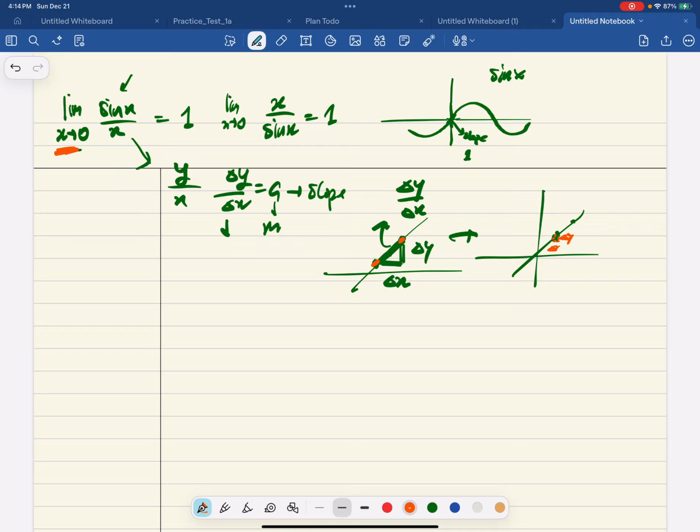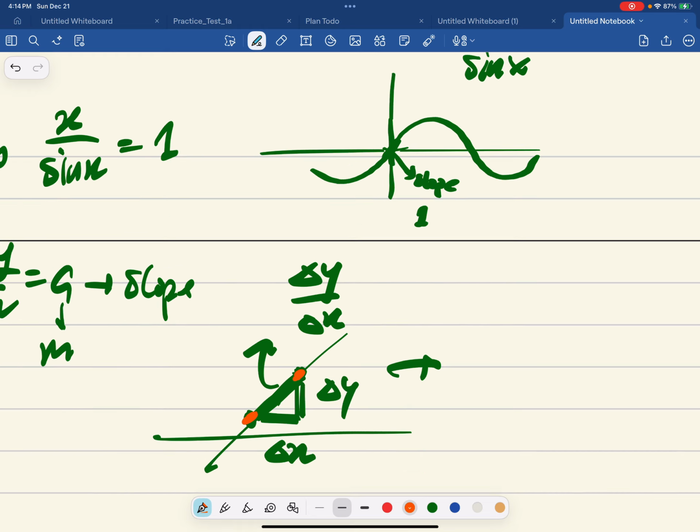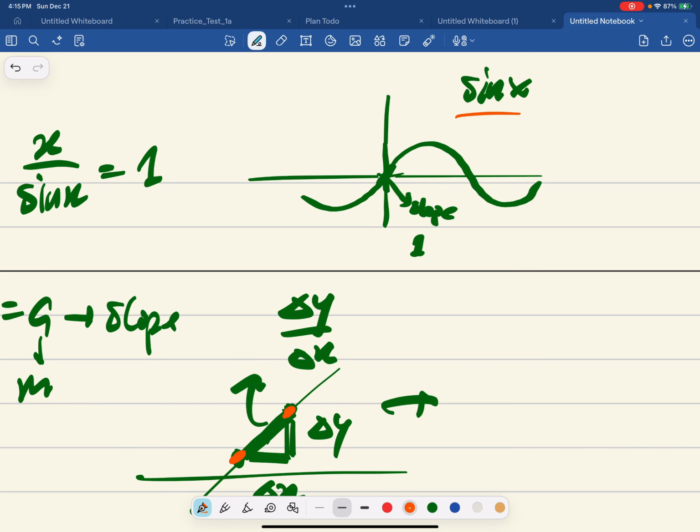And that is the theorem of x approaching 0. Sine of x over x will just be the slope when sine of x is 0. And what is the slope? It is 1. Because here, the slope here is 1.